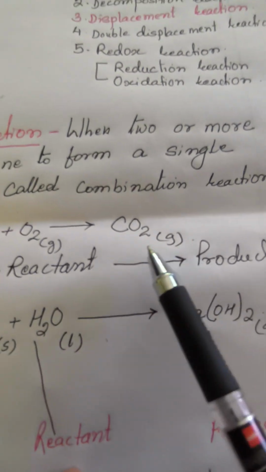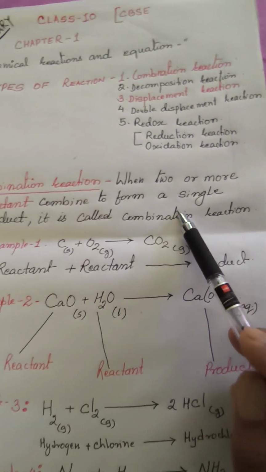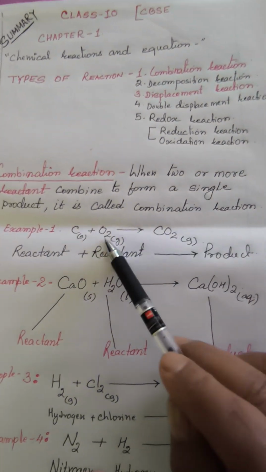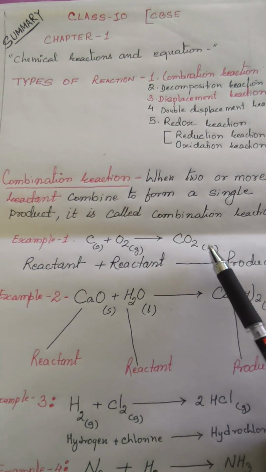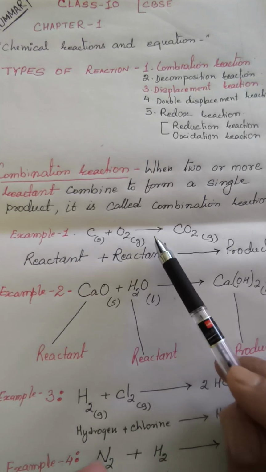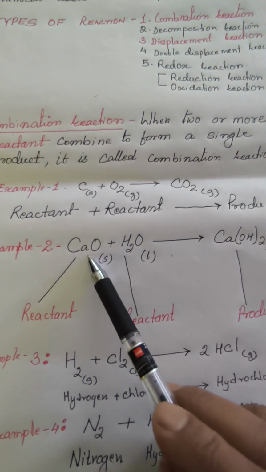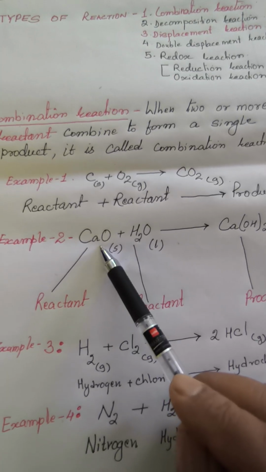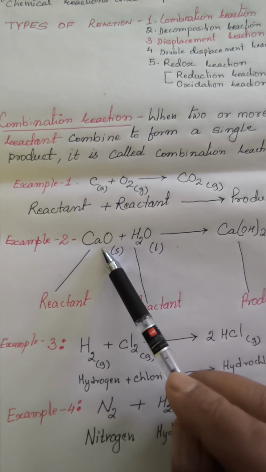So here the product is only one, as per the definition given above. These two things combine to form a single product. This is called a combination reaction. So this is example one of a combination reaction. Similarly you can see other reactions also. Here CaO means calcium oxide. We also call this chuna, calcium oxide.